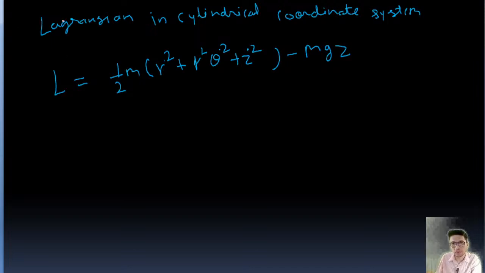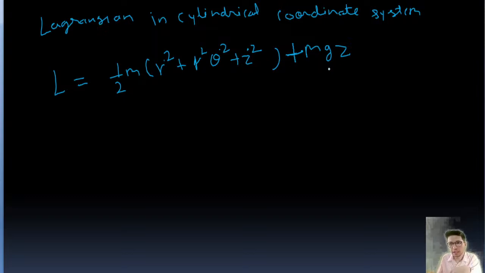You need to note down that because it is spiraling down along minus z direction, that's why there is a minus sign. Else the normal equation would be half m, r dot square plus r square theta dot square plus z dot square, plus mgh.